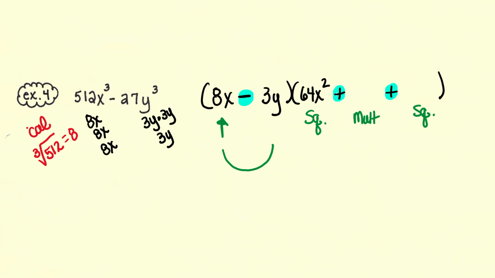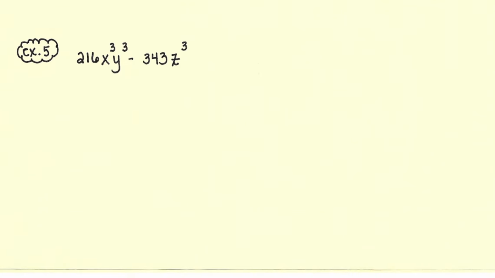Multiply the two together. 8 times 3 times x times y. So that's going to give us 24xy. And then we're going to square the last. Square your 3, square your y, and you get 9y squared. And you're done.